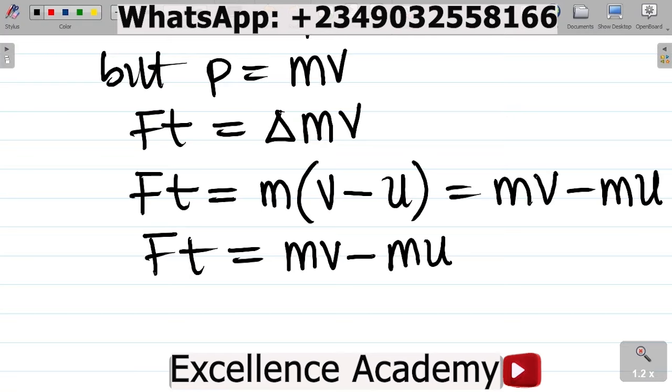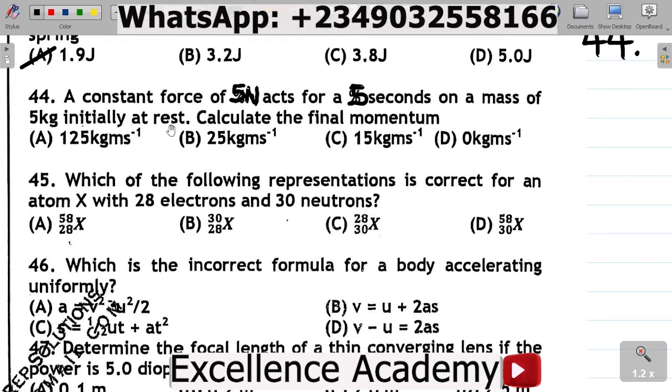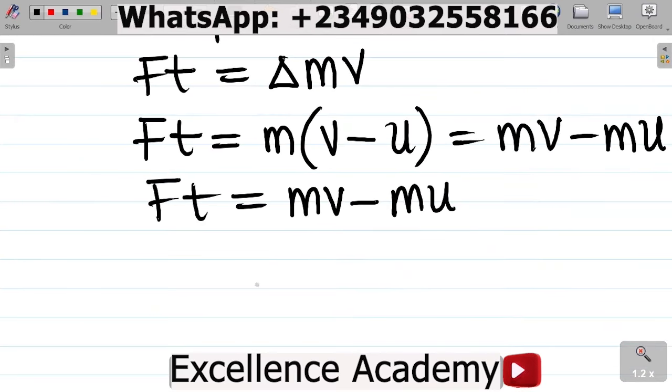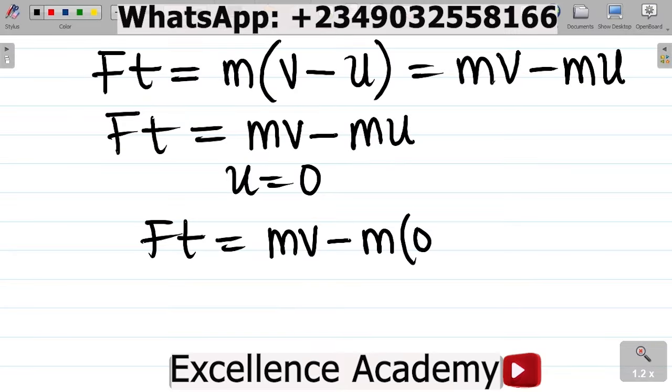times initial velocity. Looking at the question, they said initially at rest. When a body is initially at rest, it means that u is equal to 0. And if u is 0, we'll have force times time is equal to mv minus m times u. Initially at rest, u is 0. That becomes m times 0. That gives you 0. So it cancels out of this equation.